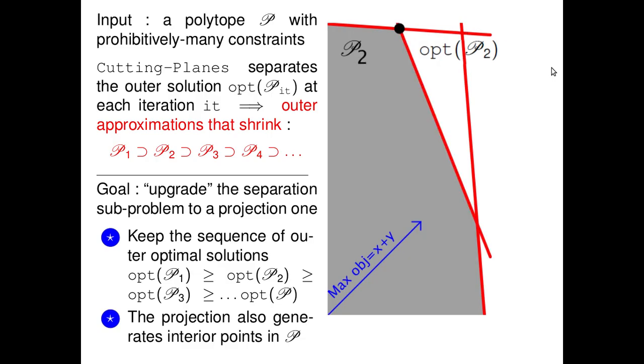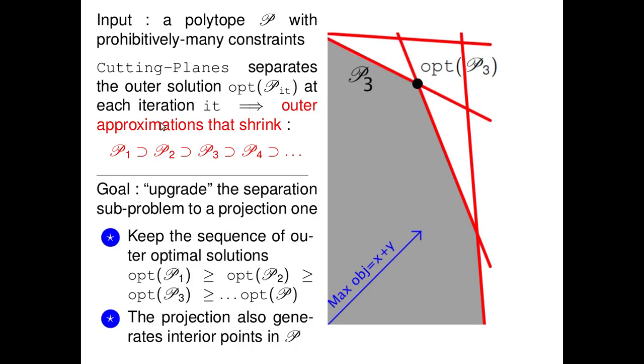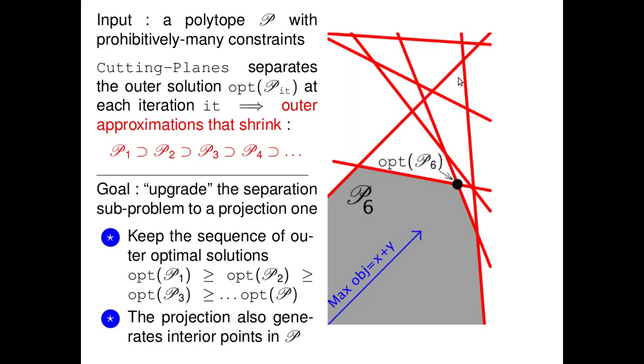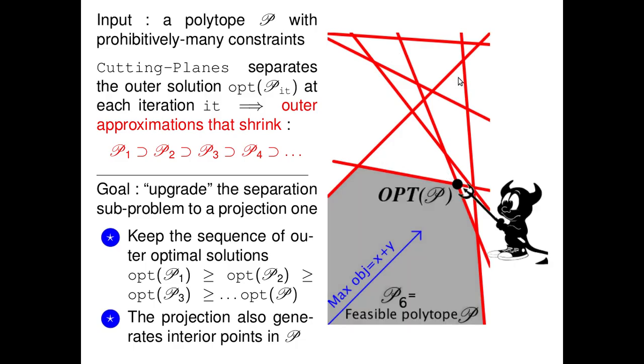I find a smaller polytope P2, then a smaller one P3, P4, opt P4 moved here, and if I continue this way, I find in this example opt P6 here, which is actually feasible. The outer solution is feasible, so this means it cannot be separated, and I have the optimal solution over the polytope P.